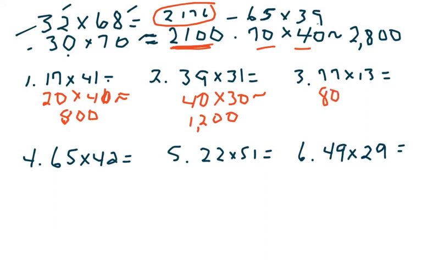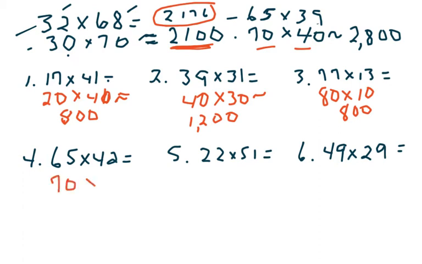77 is closest to 80, not 70, but closest to 80. You'd round it up. 13, you round it down. So it goes down to 10. 800. 8 times 1 is 8. Okay. 65 rounds to 60 or 70.